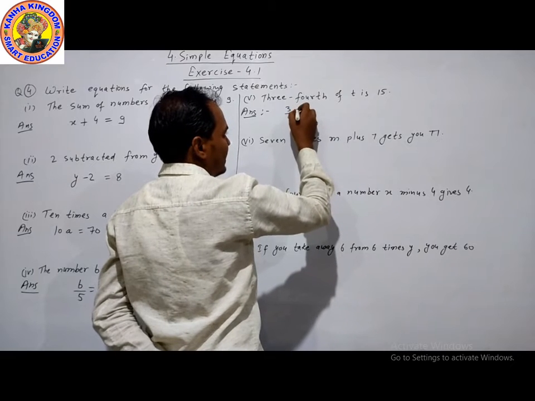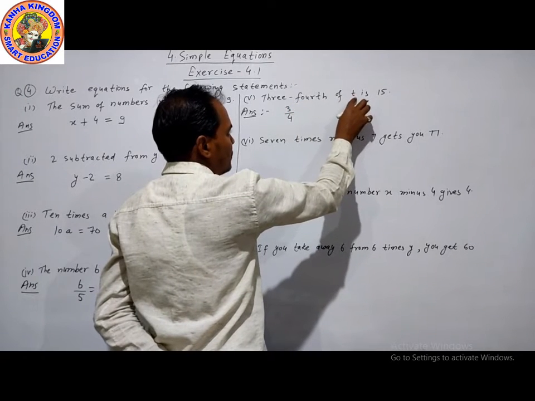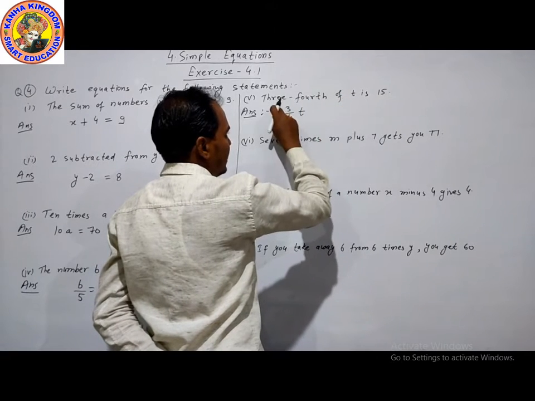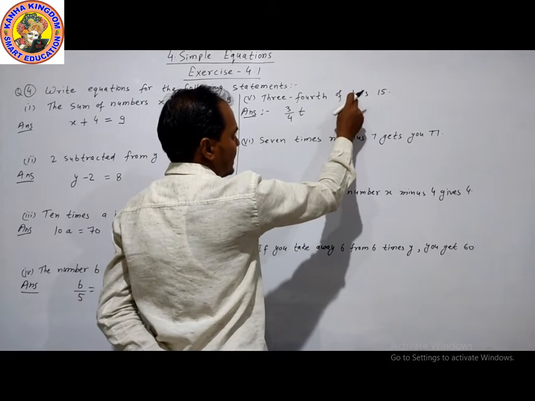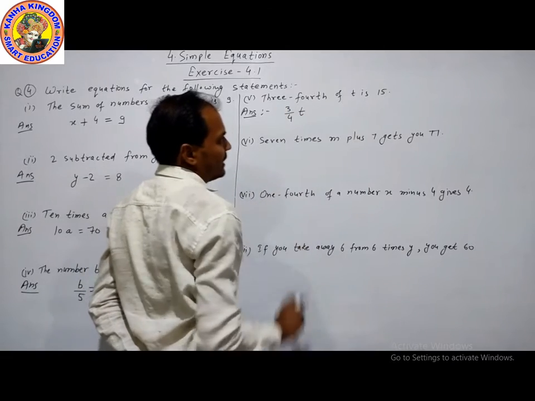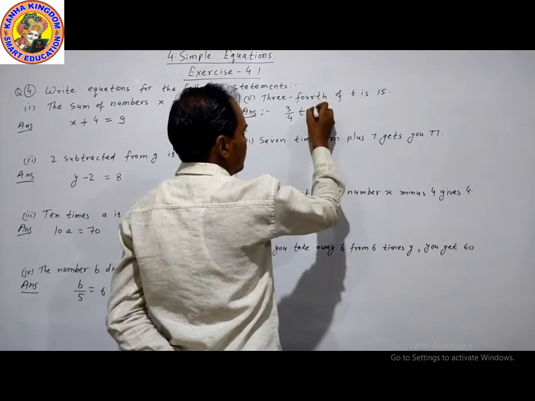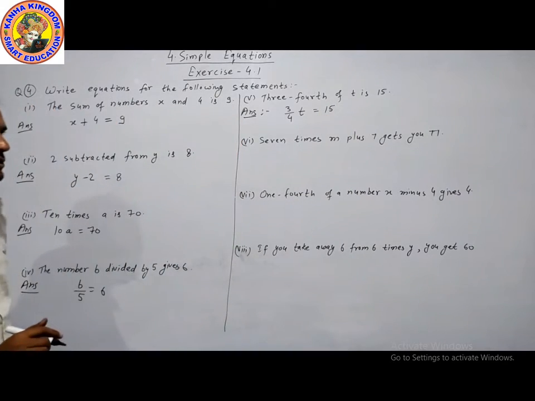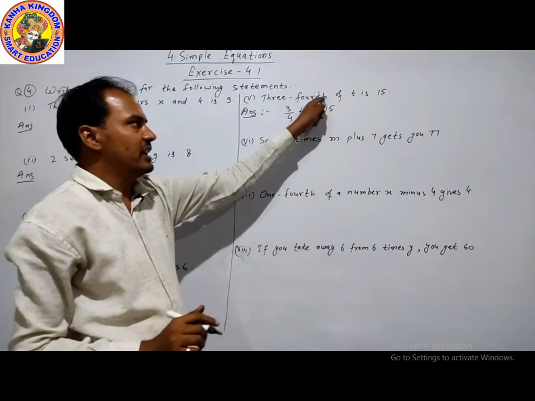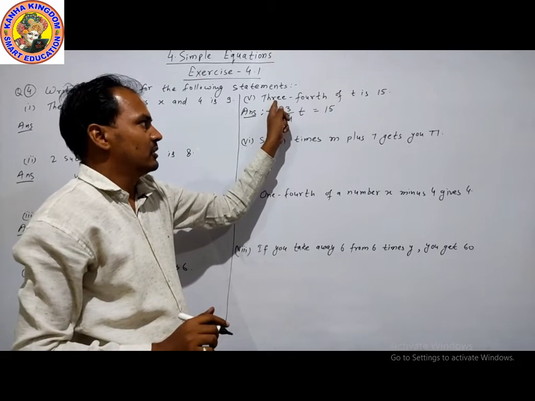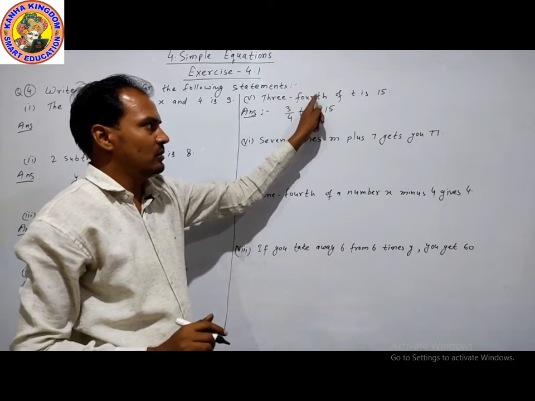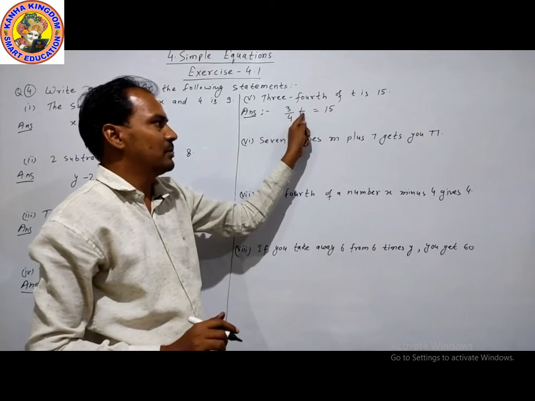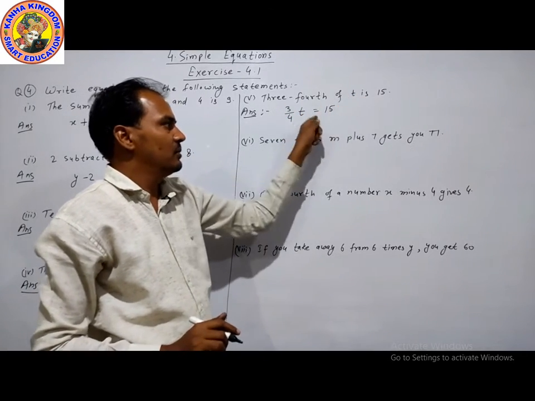We will multiply t. 3/4 of t, 3 upon 4 multiplied by t is equal to 15. This is our answer. 3 upon 4 multiplied by t is equal to 15.